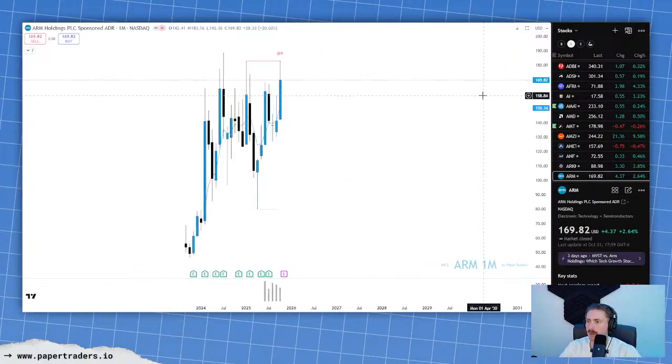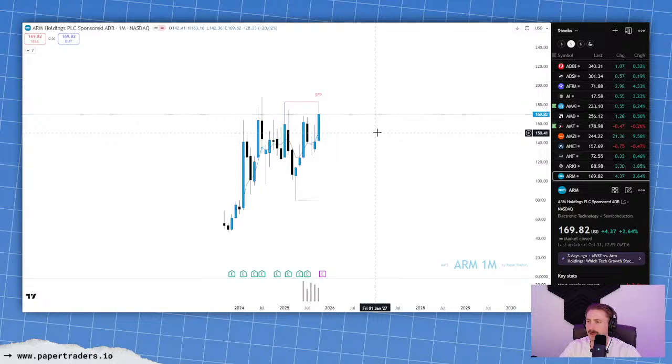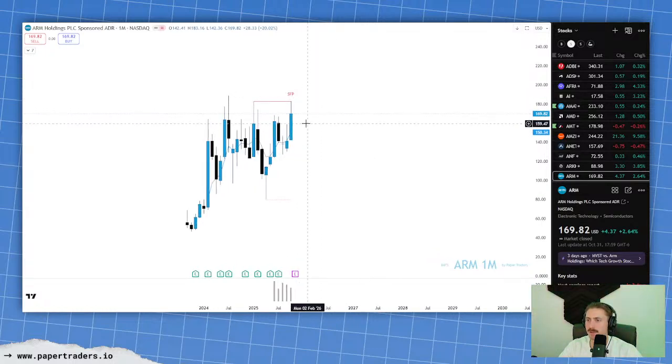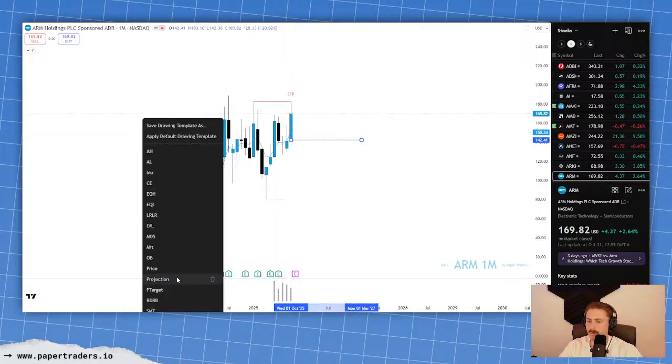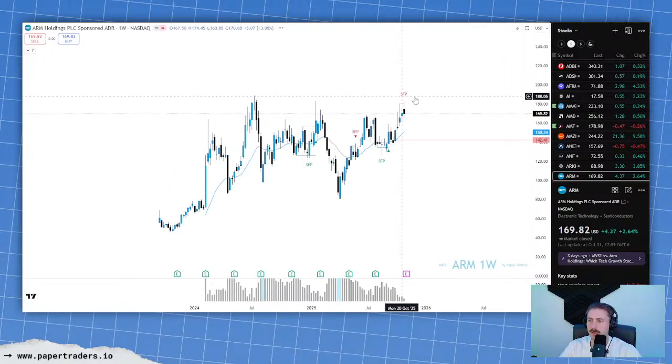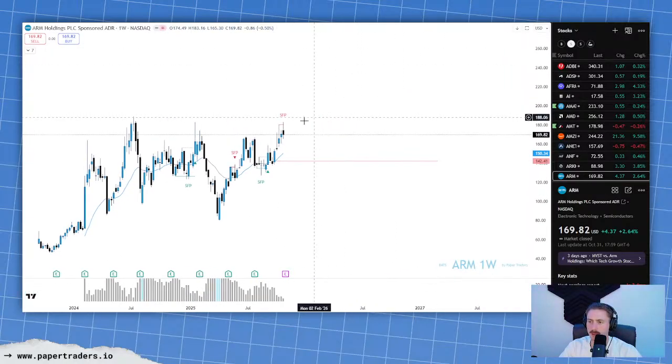Okay, ARM. SFP is good. All right, no blows above those highs, and the previous monthly low is blunt. They come down to that over here, to that 142.41. Weekly SFP.